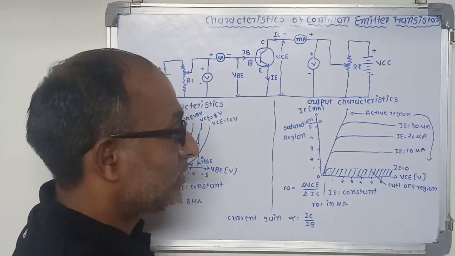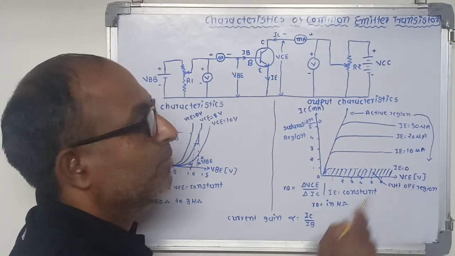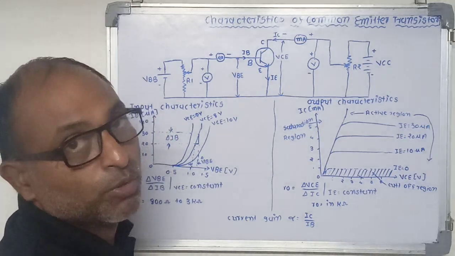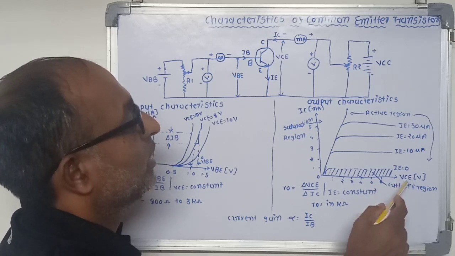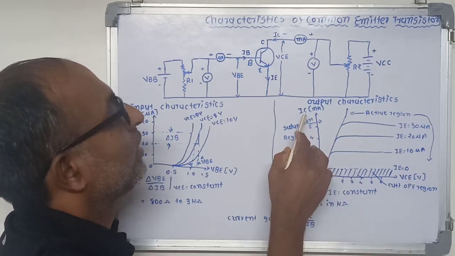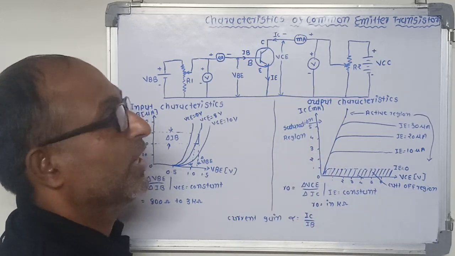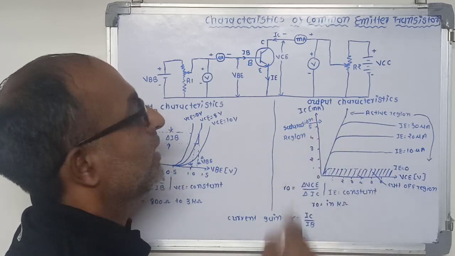Then the collector emitter voltage is increased from 0 to different voltage levels. For the different voltage levels of the collector emitter junction, the corresponding collector current is noted. A curve is then drawn between VCE and IC.